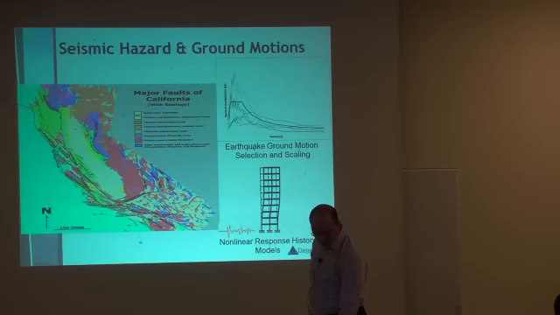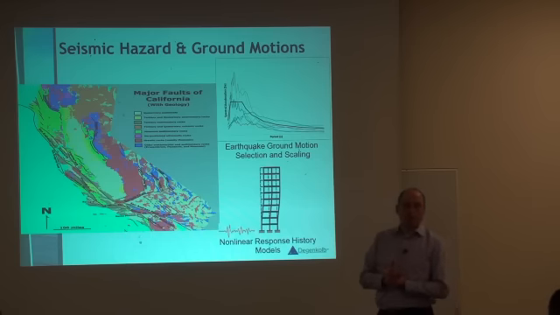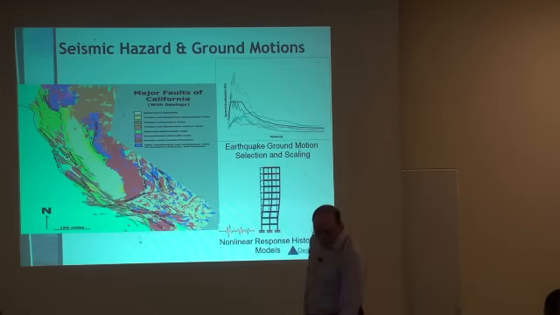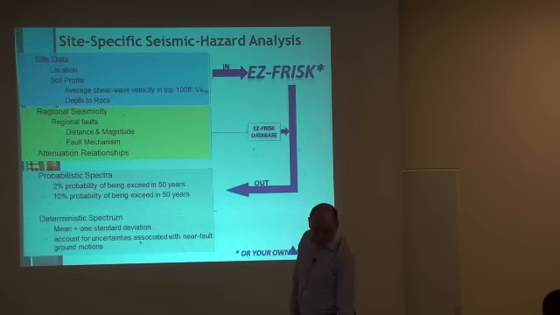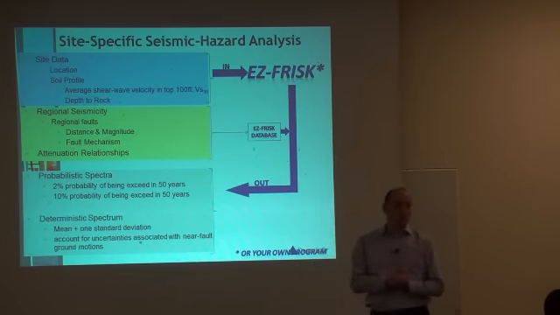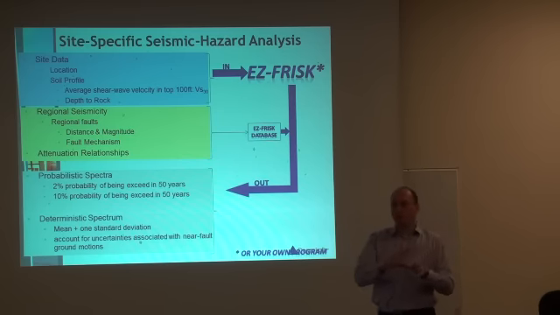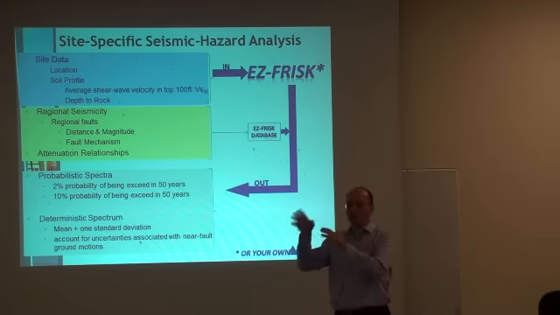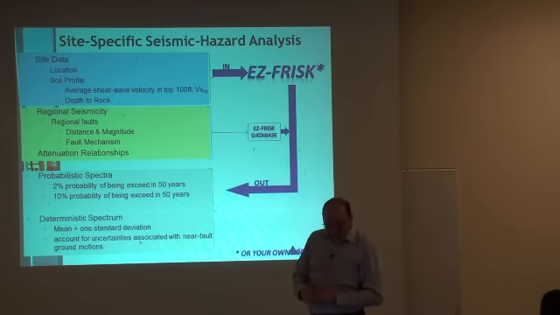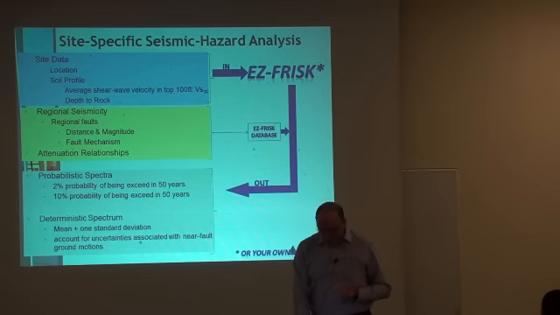So usually where you start with response history analysis is the ground motion. And so we've been developing a new method of selecting ground motions. And if you're familiar with ground motion selection, people use one of two methods. You either select ground motions and scale them, or you select ground motions and spectrally match them. And the method we've developed actually combines both.